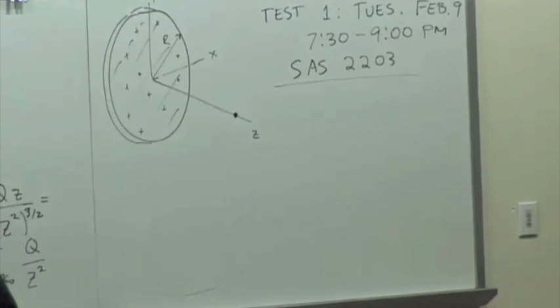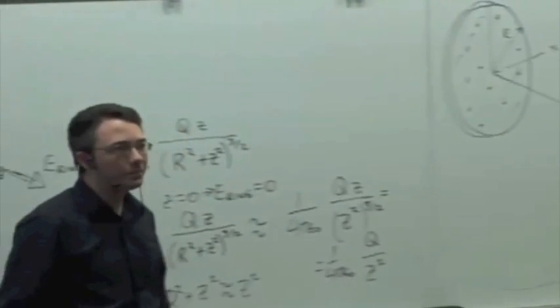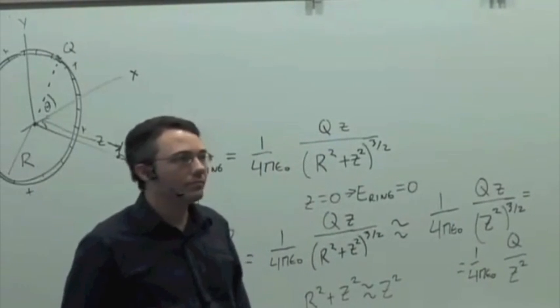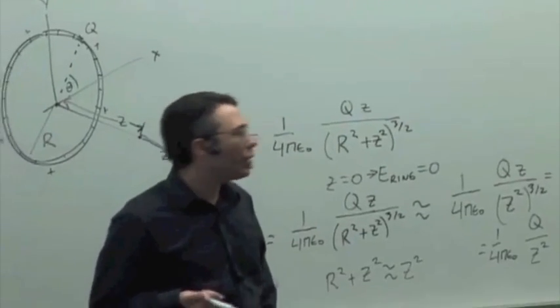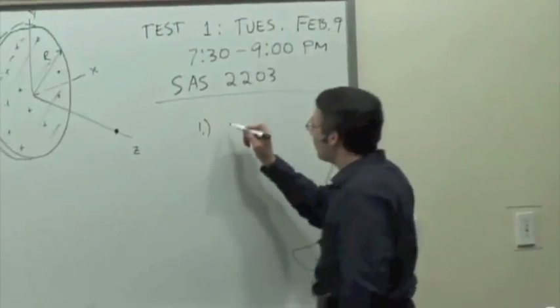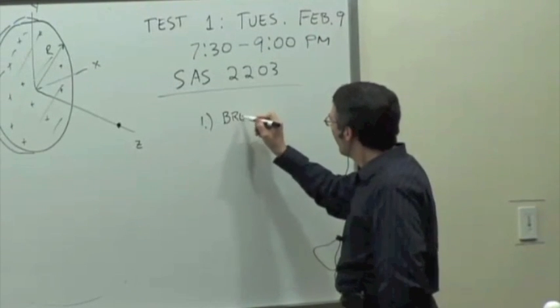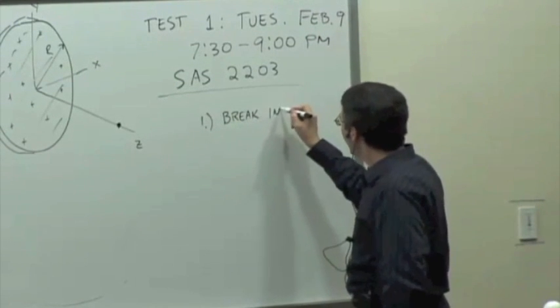Where can we start here? What's the general procedure? The procedure is we break into pieces, right?